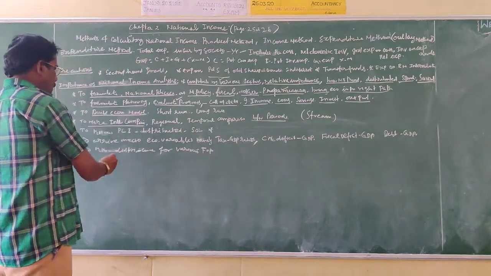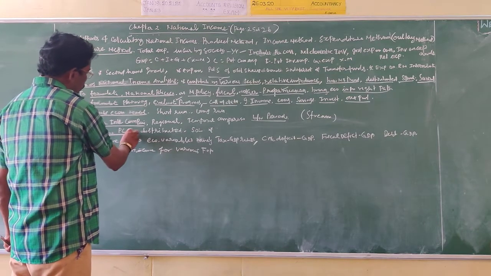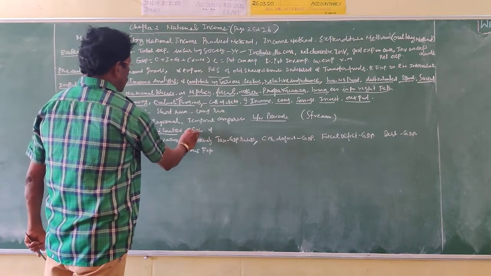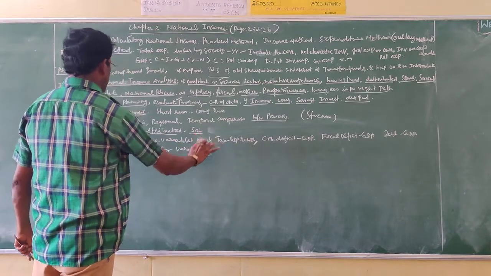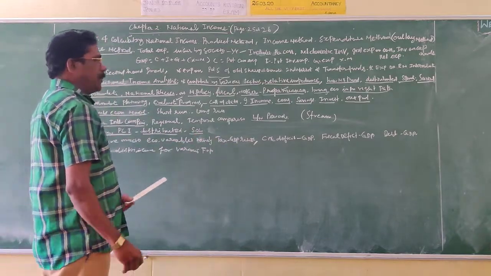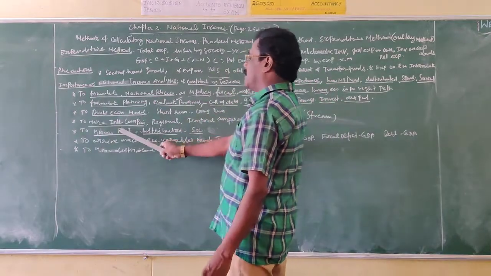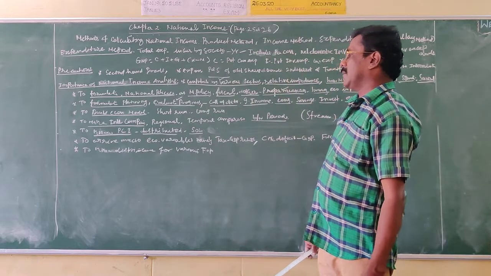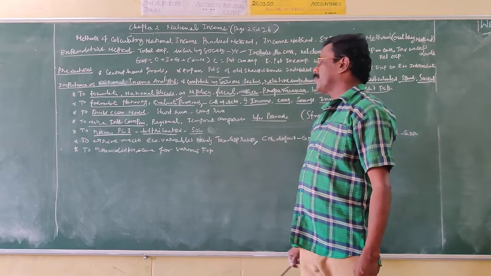Then, to know the per capita income contribution distributed and to know the standard of living of the people. So, per capita income is nothing but the total amount of national income divided by the total population. That is known as per capita income.